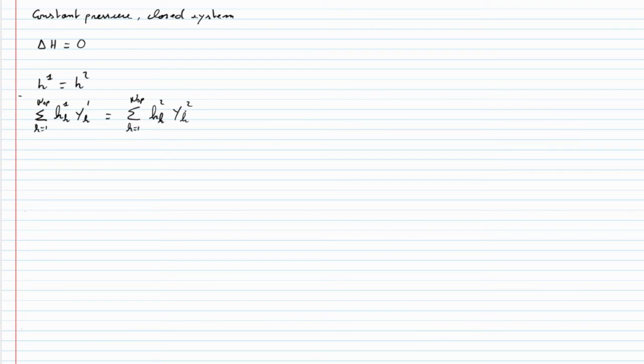Then, by decomposing the enthalpy into its chemical and sensible contributions, we obtain the following decomposition, where the sum from k equal 1 to nsp of the enthalpy of formation of species k times Yk1 plus the sum from k equal 1 to nsp of the integral from T0 to T1 of cpk Yk1 dT.